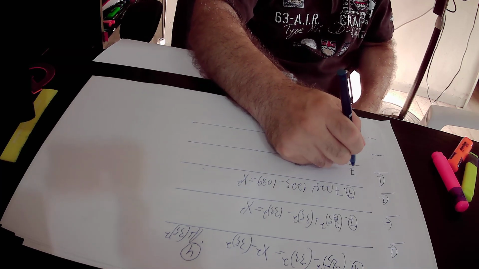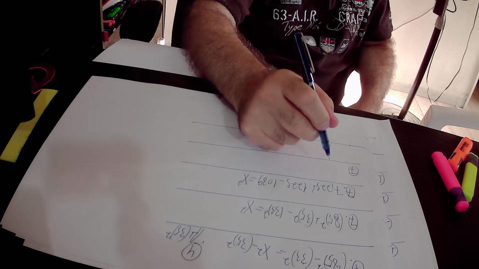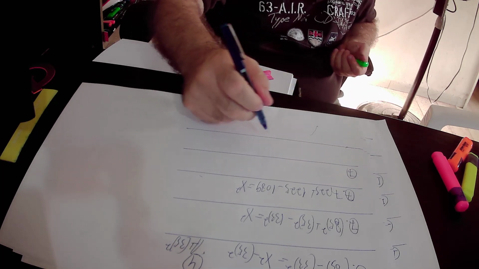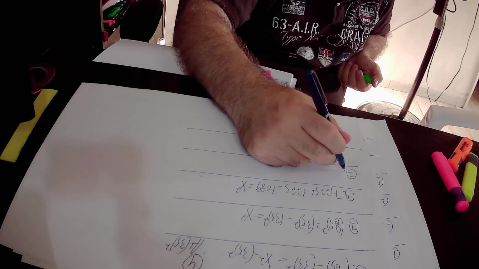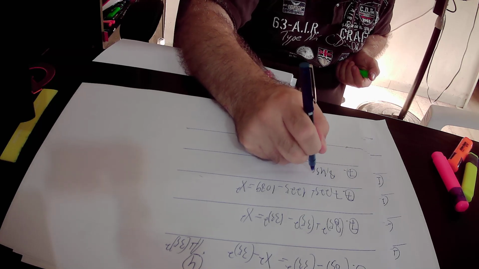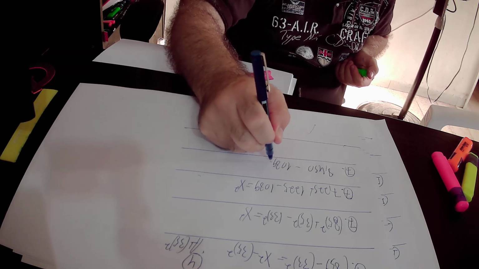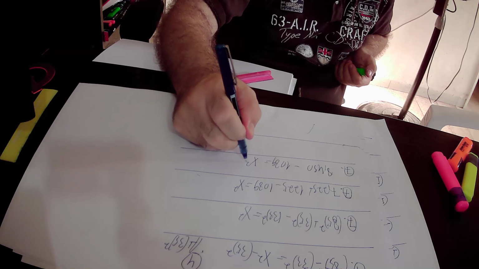Here, 7,225 plus 1,225 is 8,450 minus 1,089 equals x squared.